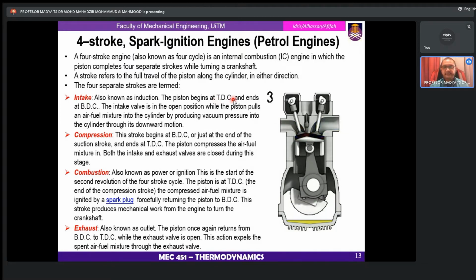A four-stroke engine has four strokes, that's why it's called four-stroke. It is an internal combustion engine in which the piston completes four separate strokes while turning a crankshaft. The crankshaft rotates, and the connecting rod is connected to the piston.